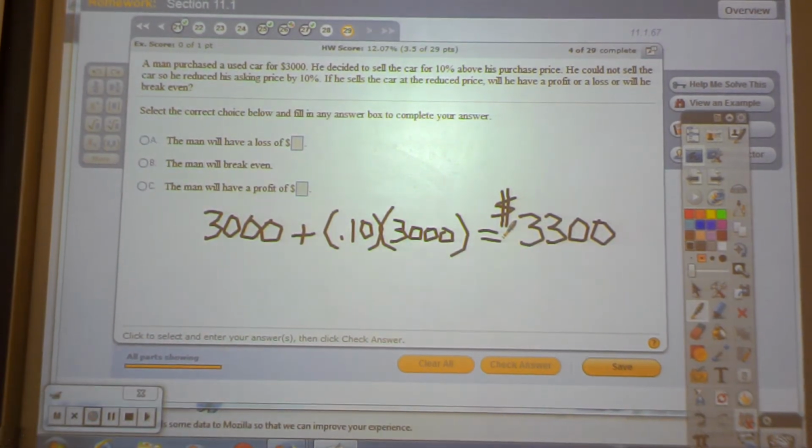Well, it sits out there for a year because people know that he's trying to rip people off. So he says, well, I'll reduce it by 10%.